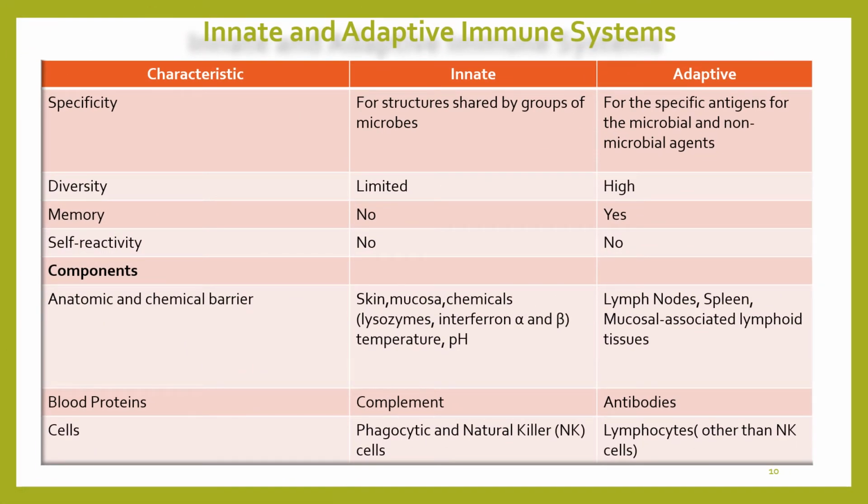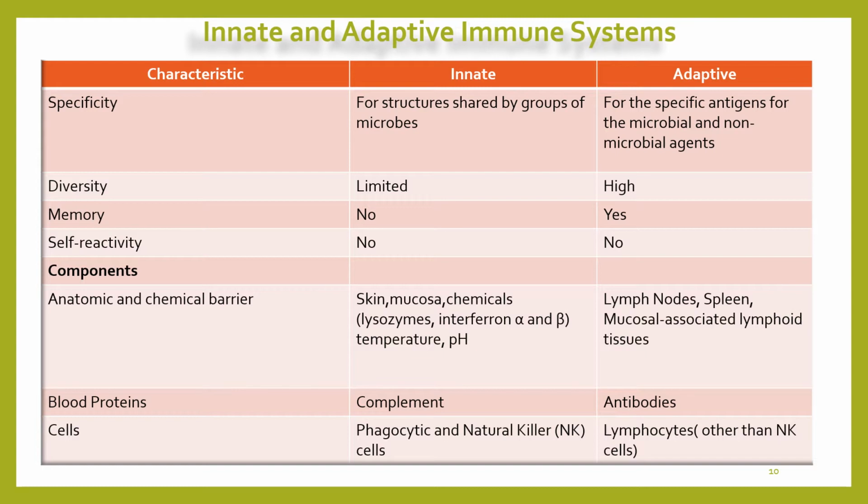Here is a very good table that differentiates your innate and adaptive immune system. As to specificity, your innate immune system is not specific because it recognizes structures shared by groups of microbes, while your adaptive has specificity for specific antigens, microbial and non-microbial agents.